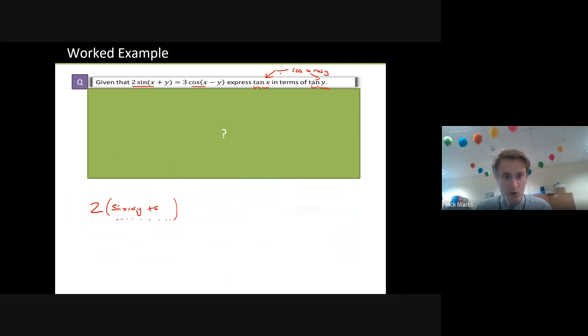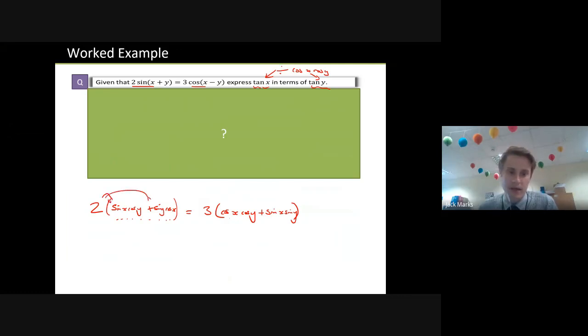You haven't done the sine y, and you haven't done the cos x. So that must be what it is. For this one over here, equals 3. Well, for cos, I'll do the same thing again and put the rule in. So it's cos x, cos y, opposite sign is plus, sine x, sine y.